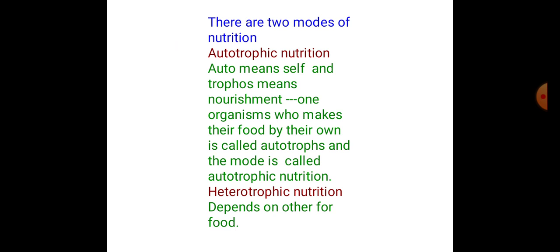Students, remember one thing. Here making food does not mean the process in which we make roti or rice in our kitchen. It is not like that. Basically, it is the most important process which is done by only and only green plants.